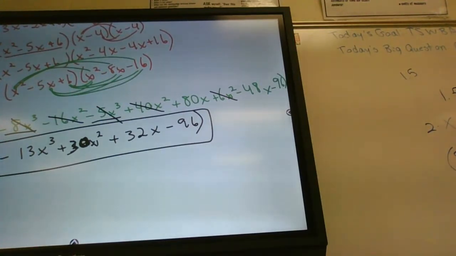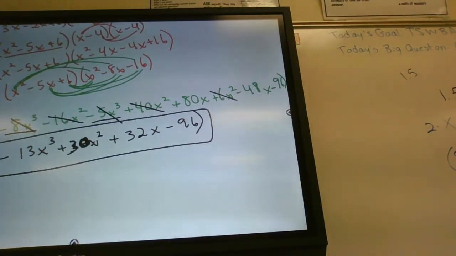Okay. So what would the roots do? What are your factors? Your root is... my brain is melting.